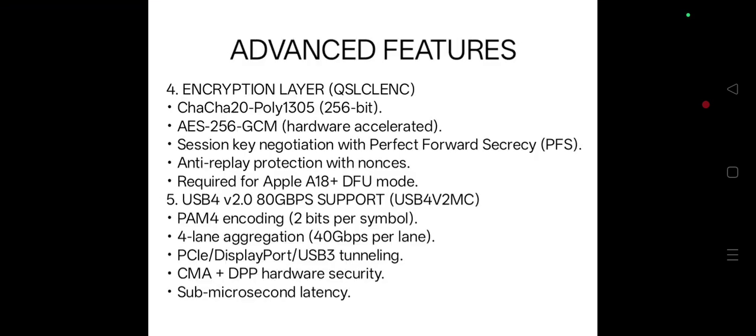Next, it has advanced features. Number 4, the encryption layer, with the header called QSLCLENC. The encryption is ChaCha20-Poly1305, 256-bit, which is much better than standard SHA-256 or AES, and may also prevent some quantum attacks.